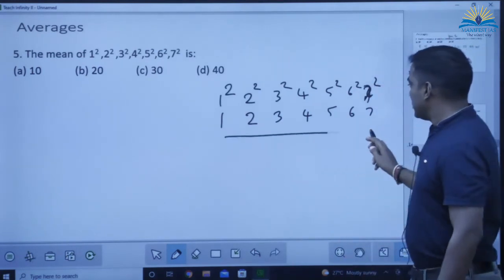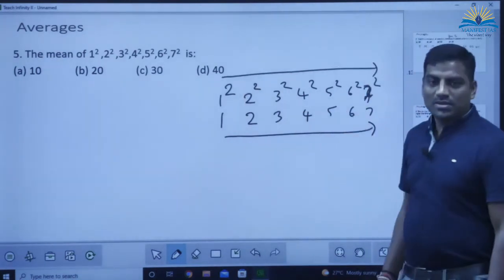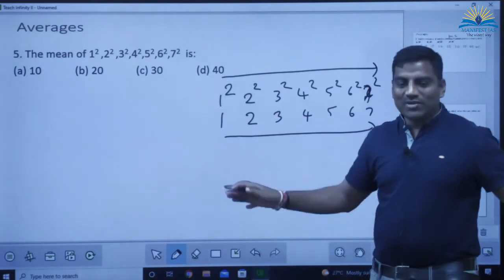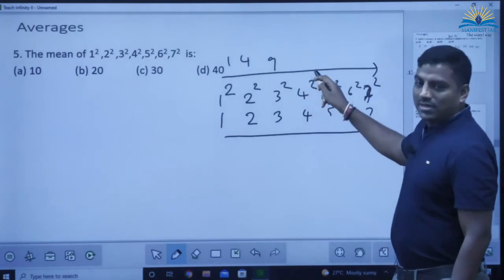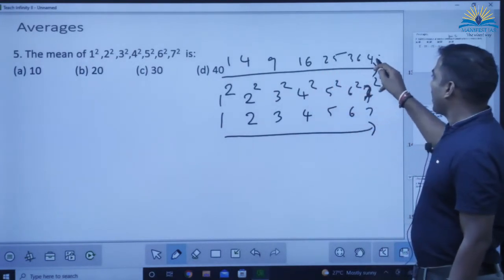You are telling since they are in AP, they are also in AP. What are the values of them? 1, 4, 9, 16, 25, 36, 49.